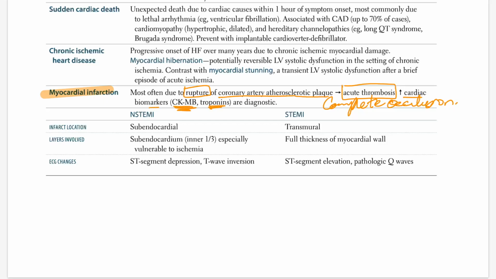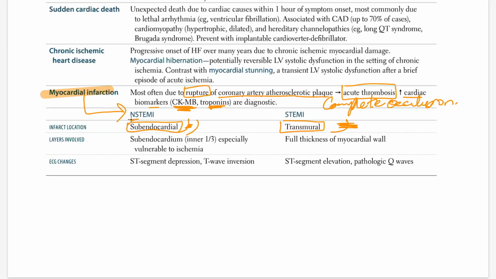CKMB, troponins are diagnostic. So we have two MIs. One is just the subendocardial MI, and one is transmural MI, meaning full thickness of the myocardium and not only the endocardium.